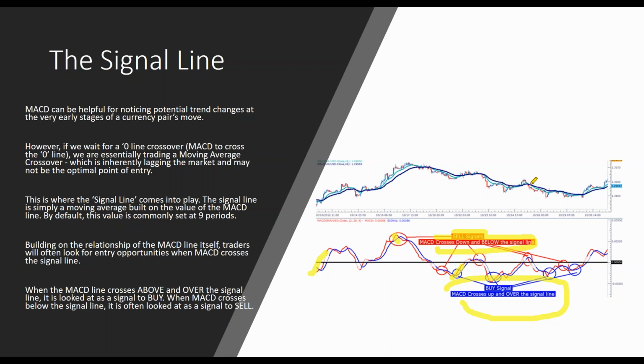And if you look very carefully at the price charts, you'll see that using the crossover of the two MACD lines is what makes it different than just using standard moving averages. Because standard moving averages tend to lag right behind the market.